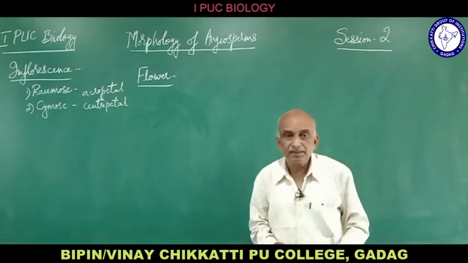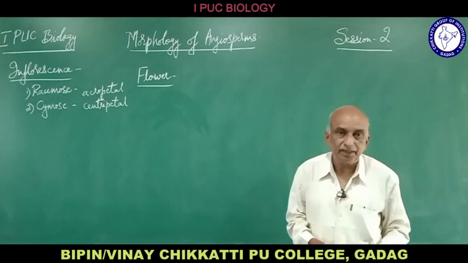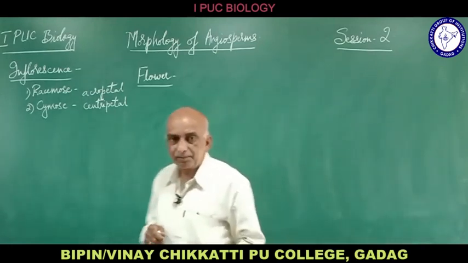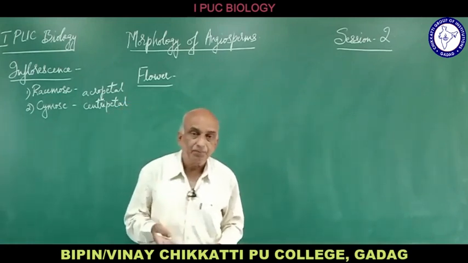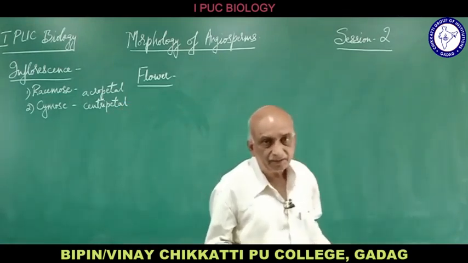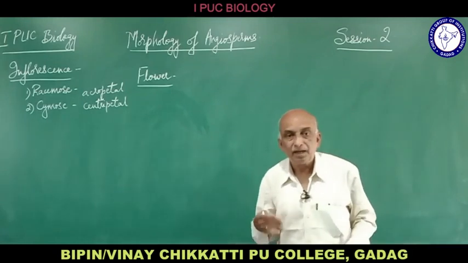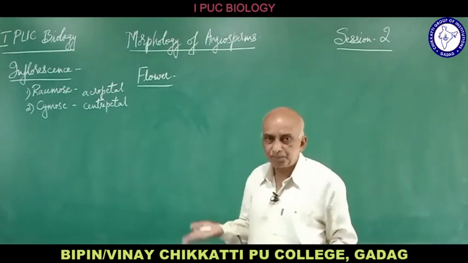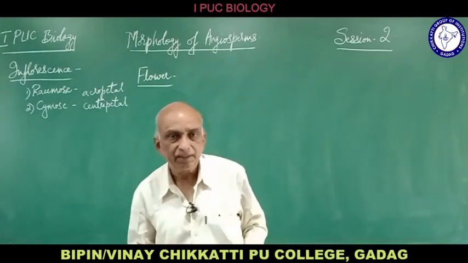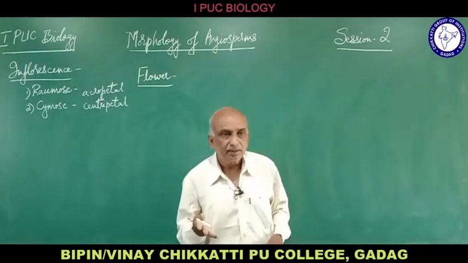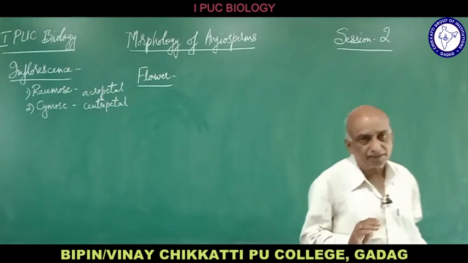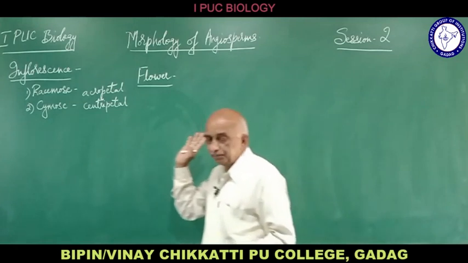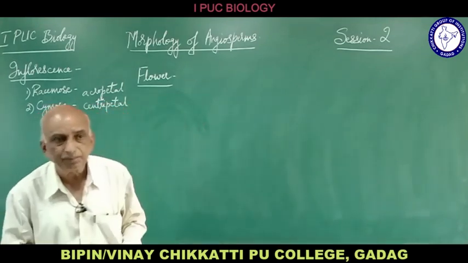The flower is the reproductive organ of an angiosperm plant. After pollination and fertilization, it produces the fruit and seeds which help in reproduction. If an angiosperm plant does not produce flowers, it is not continuing its generation. Its generation is continued with the help of the flower, so it is a reproductive organ.